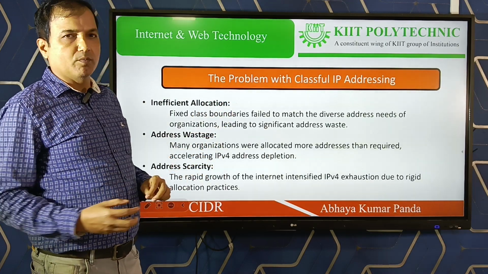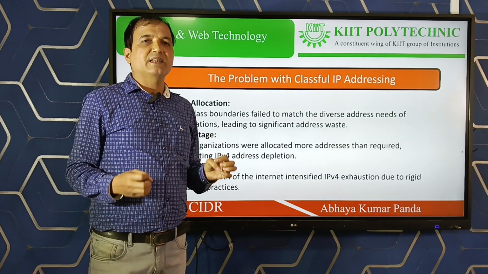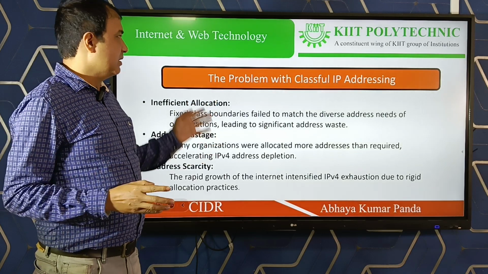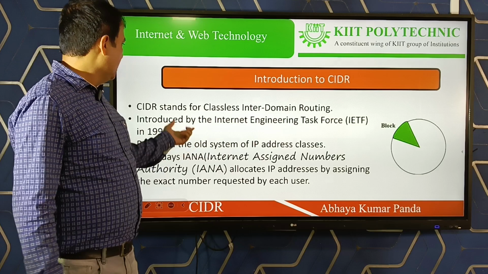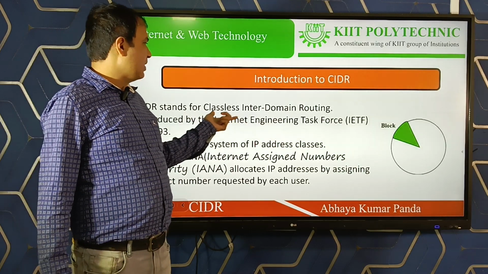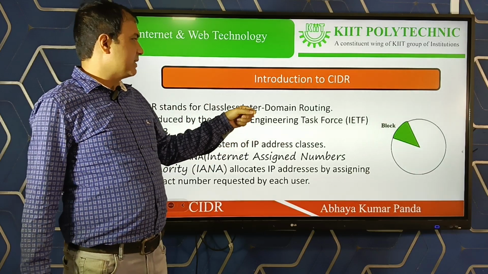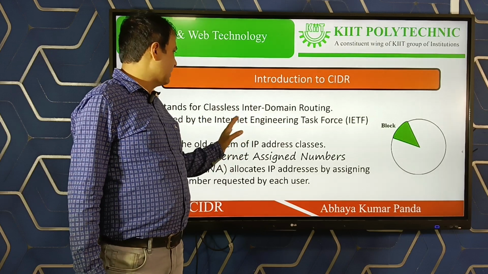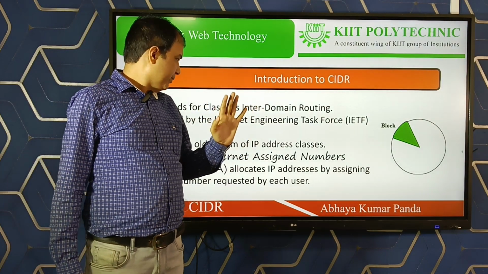To overcome these problems, nowadays we use a technique known as classless interdomain routing, or CIDR. CIDR stands for classless interdomain routing. Looking at its history, in 1993 it was developed by the Internet Engineering Task Force, IETF.